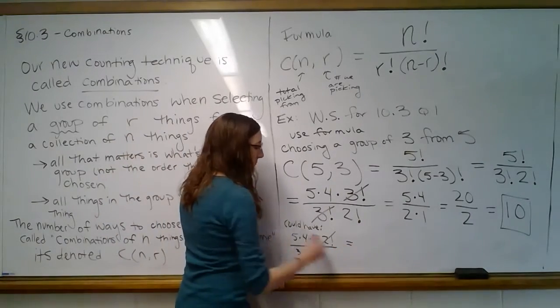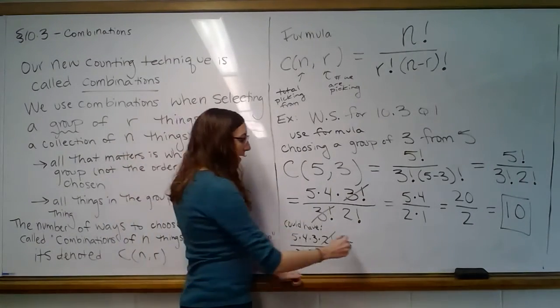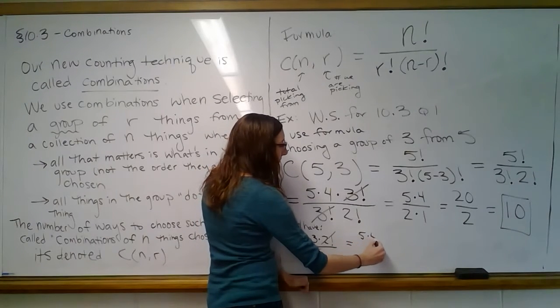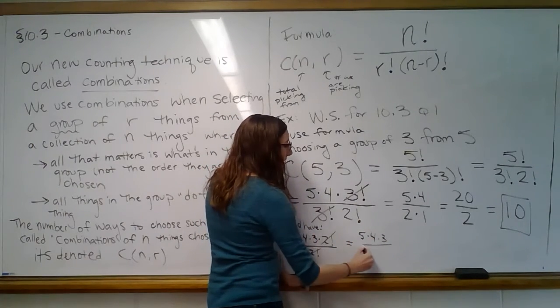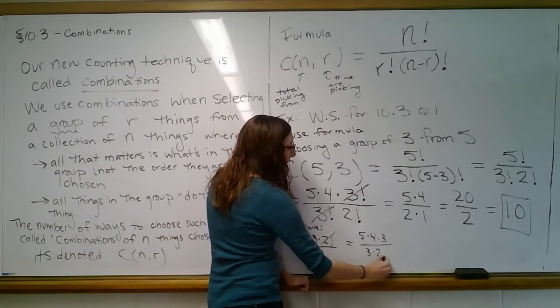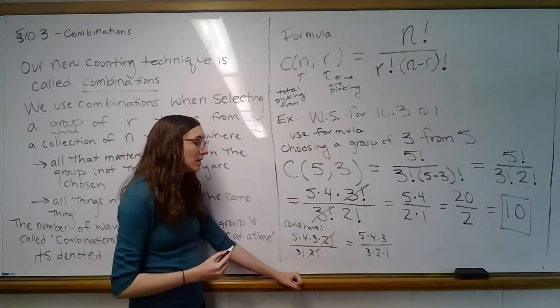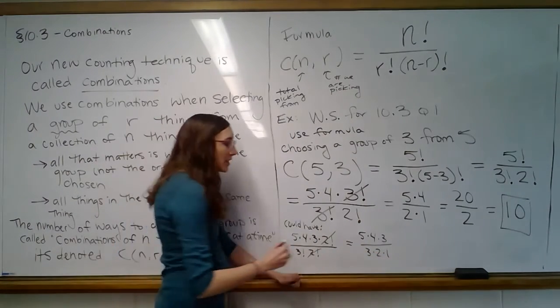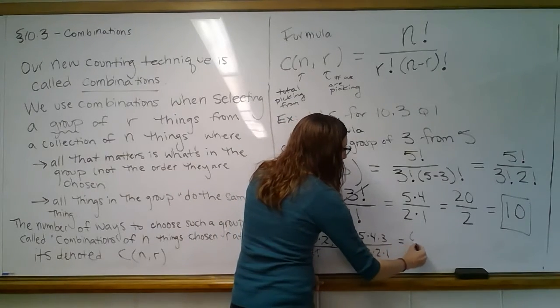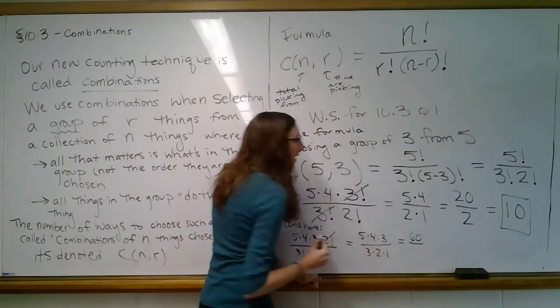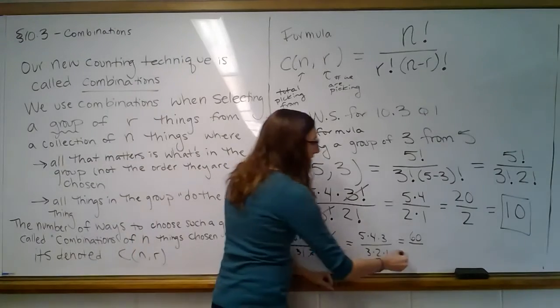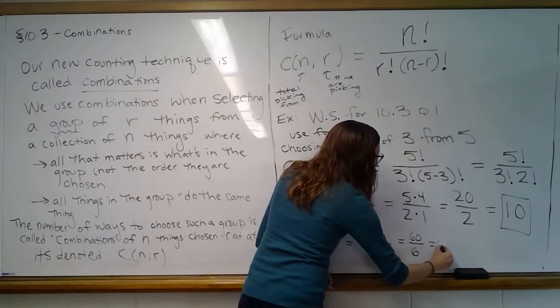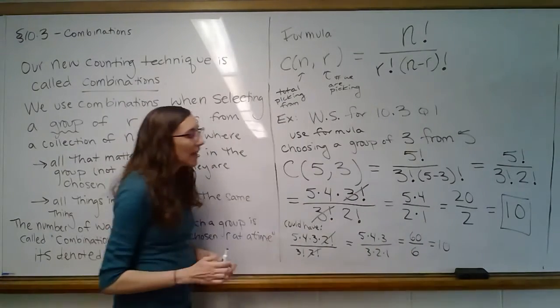And then what I would have been left with would be 5 times 4 times 3 divided by 3 times 2 times 1, which then that numerator is 60, and then the denominator is 6, which again gets us that 10.